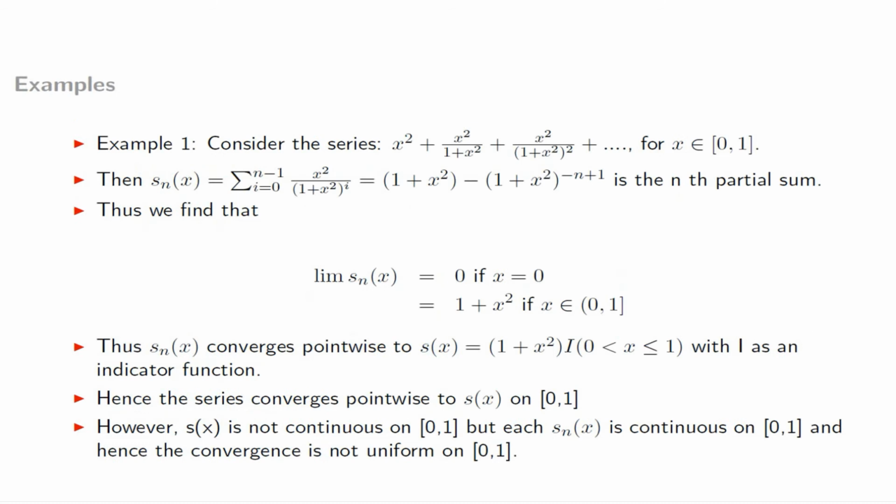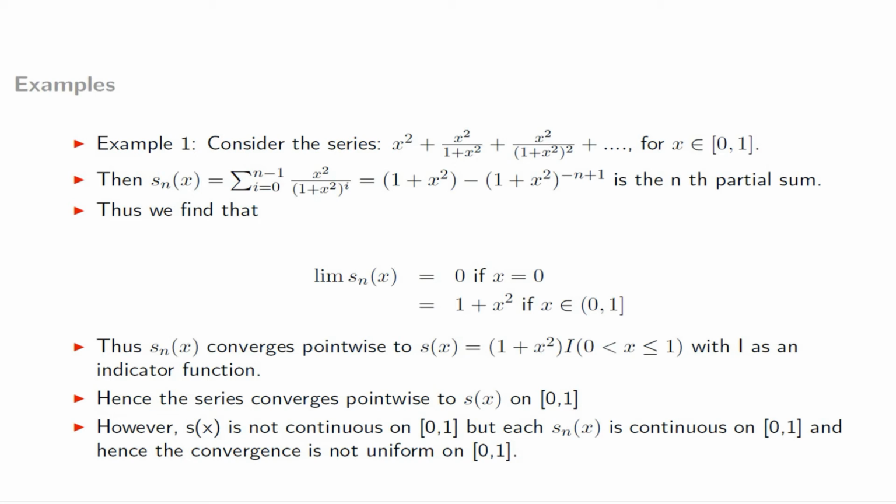So, let us consider some examples. First, consider the series defined by x^2 plus x^2 by (1 plus x^2) plus x^2 by (1 plus x^2) whole squared, and so on, for x belonging to the closed interval [0, 1]. Then in this case s_n(x) comes out as 1 plus x^2 minus (1 plus x^2) to the power minus n plus 1, and this is our nth partial sum.